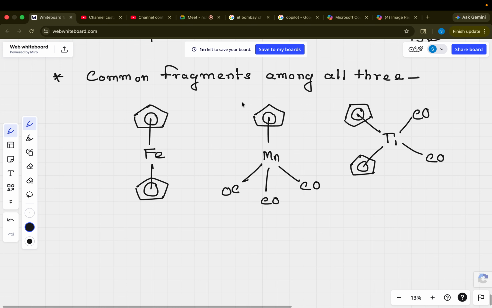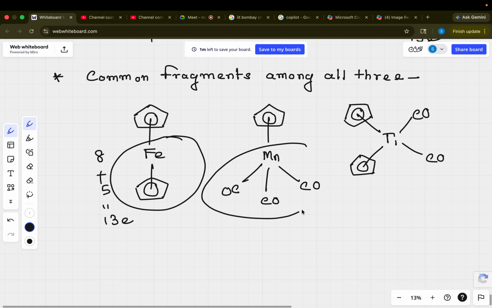So what is the common fragment here in all these three complexes? See, here you have iron and this cyclopentadienyl, right? If I consider only this, 8 electrons from here and 5 electrons from here. So in total you are getting 13 electrons. Now for manganese you will get 7 electrons from the manganese center, and from all these 3 CO you will get 6 electrons. So 7 plus 6, again it is equal to 13. And from here, titanium has 4 electrons.